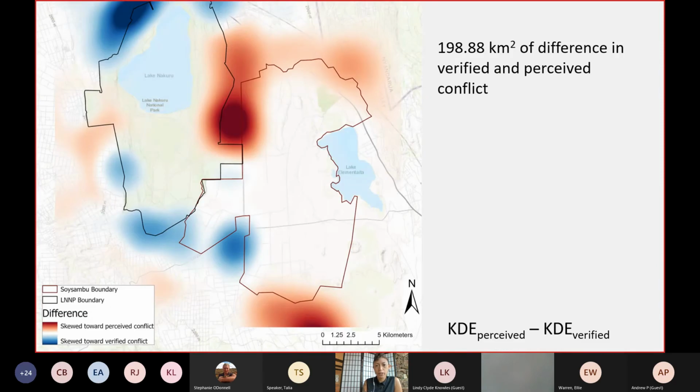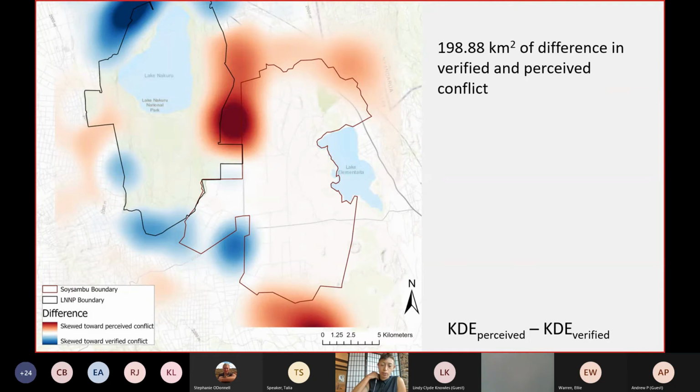So from this process, we were able to see that about 20% of the study area showed a mismatch between people's perceptions about livestock kills and the livestock kills that were recorded by the government. So these areas in red are places where people have essentially perceived a lot of livestock kills. They've recorded a lot of livestock kills on the map, and the government hasn't recorded a lot of livestock kills in those areas.